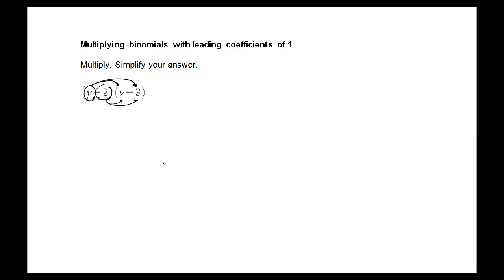So if I go through, let me go ahead and erase all this. So let's take a look. If I want to take v times v, right? So I have v times v, and then I'm going to take v times 3. So I have a plus v times 3.